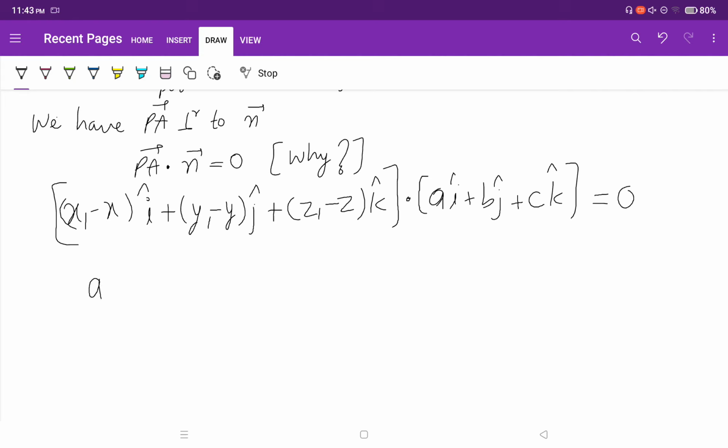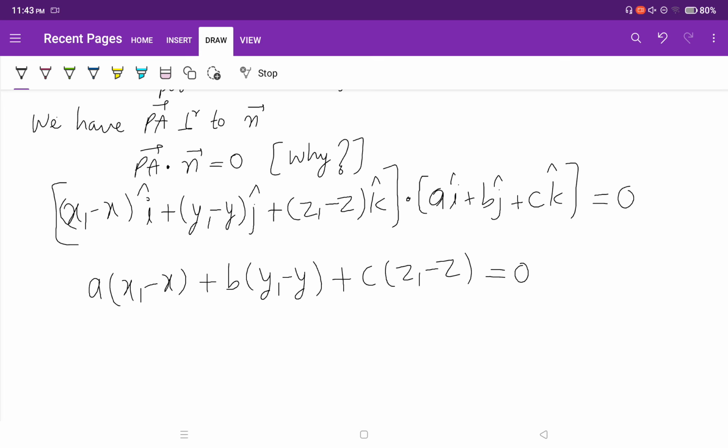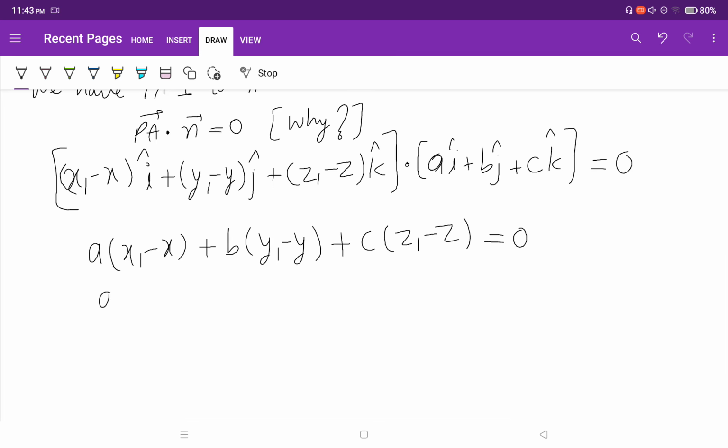So we have A times (x1 minus x) plus B times (y1 minus y) plus C times (z1 minus z) equals 0. Correct? Now we have a x1 minus a x plus b y1 minus b y plus c z1 minus c z equals 0.